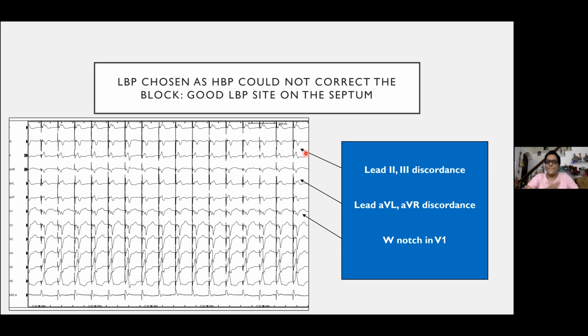So our superior-inferior dimensions are okay. And then we get a notch in V1, so we know that we are not too anterior. We are posterior enough, not too high towards the RVOT, and not too low towards the left posterior fascicle. So it's a good site.